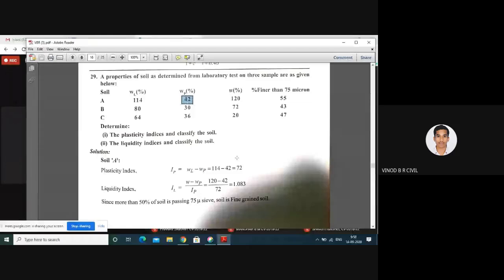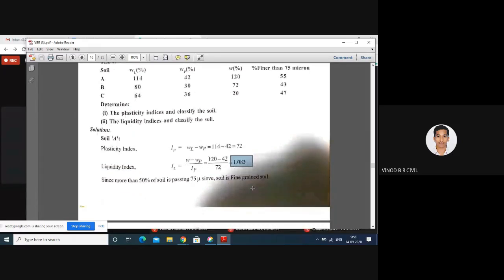Here the plasticity index is liquid limit minus plastic limit, 114 minus 42, that is 72. Liquidity index is equal to water content, that is 120, minus plastic limit 42, divided by plasticity index IP, 72. Therefore, the liquidity index is equal to 1.083.